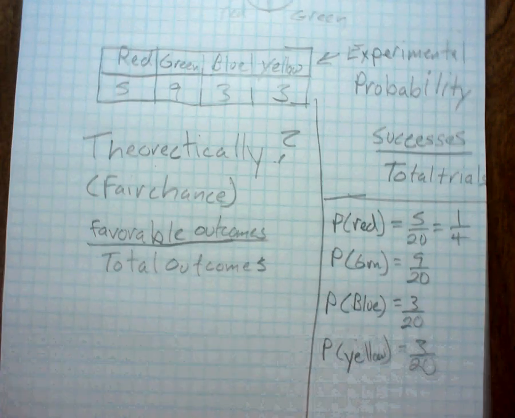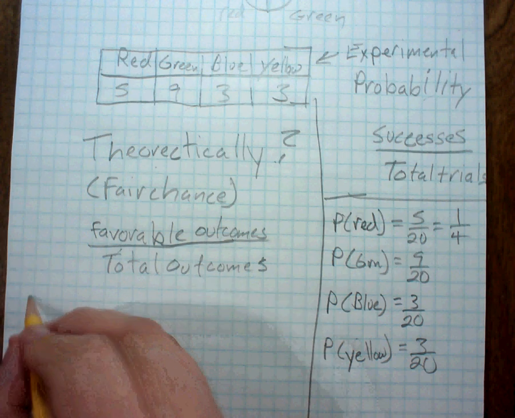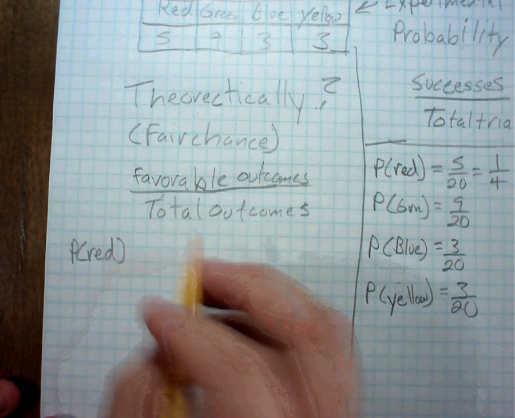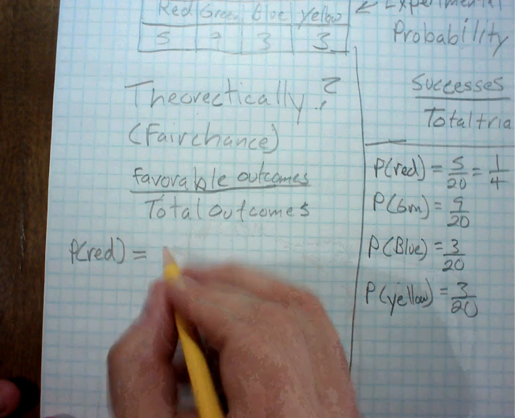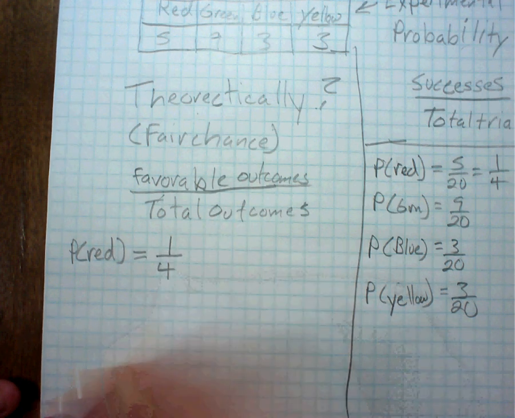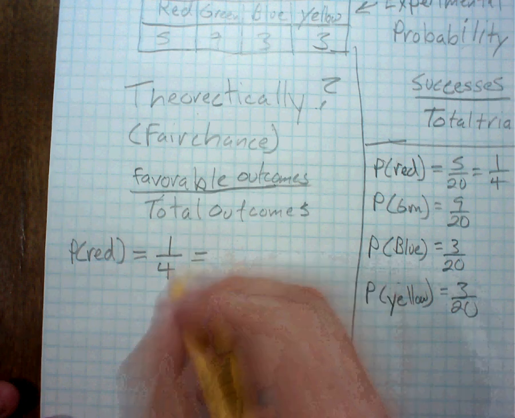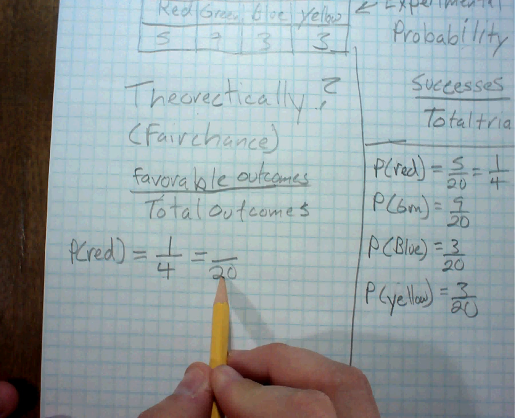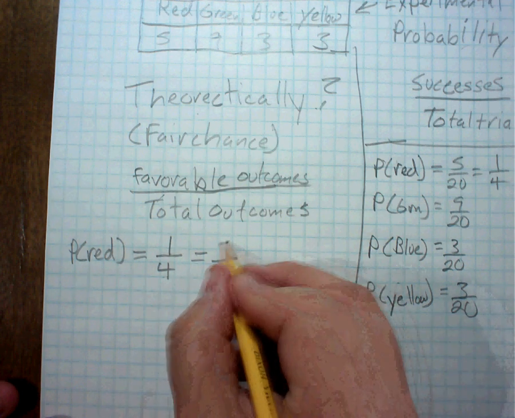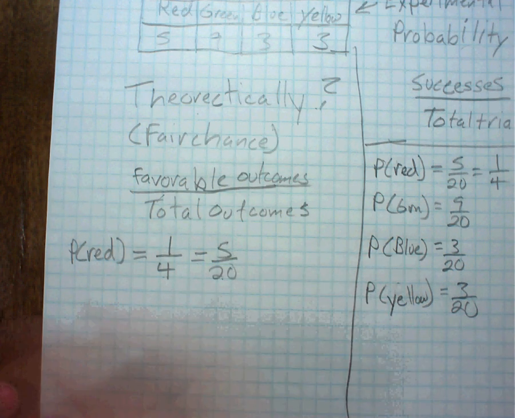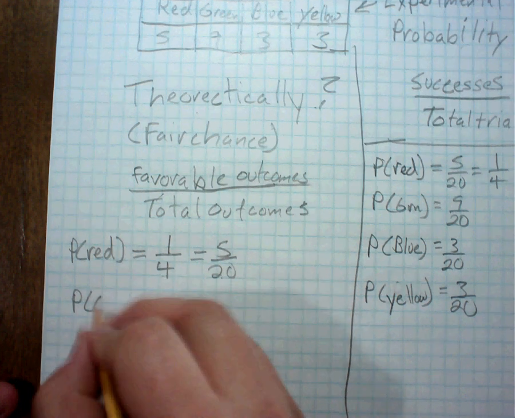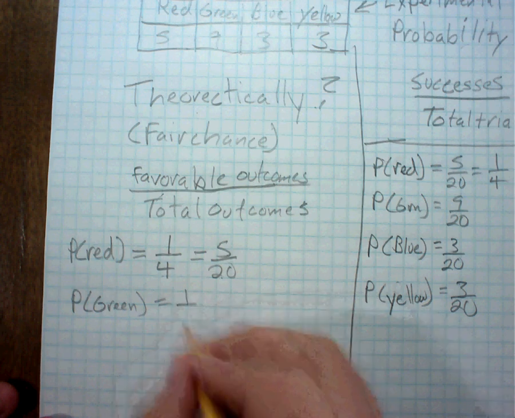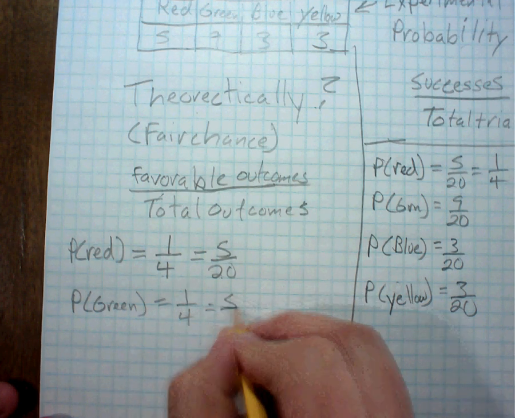So what are the number of favorable outcomes? For the probability of red, you have 1 out of 4 outcomes, and if we were to ramp that up to 20, 4 times 5 gives me 20, and 1 times 5 gives 5, so 5 out of 20. Probability of green, theoretically, there's 1 out of 4, which should be 5 out of 20.